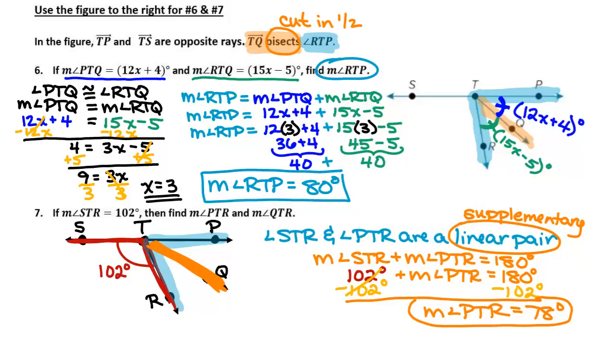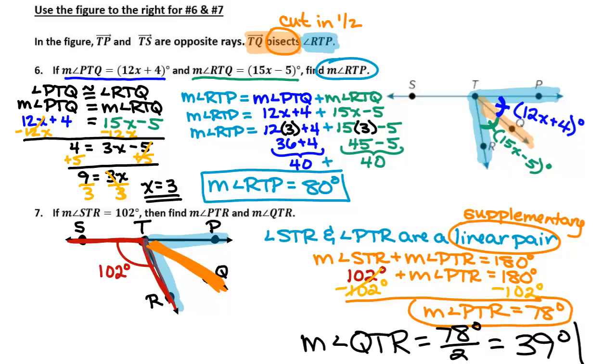Divide it by 2, yes. The measure of angle QTR is equal to 78 degrees divided by 2. What is 78 divided by 2? 39. So angle QTR is 39 degrees.